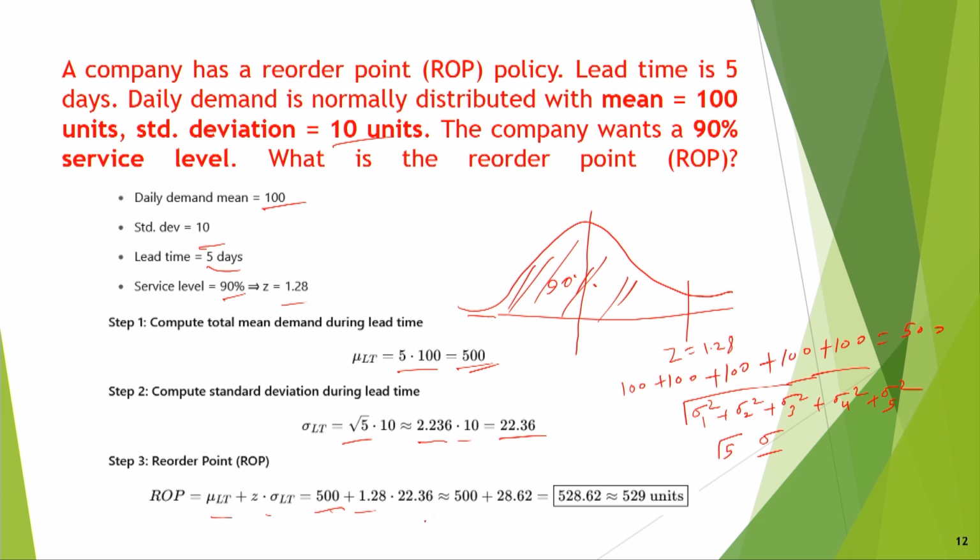So, it will be 500 plus 28.62, and this becomes 528.62, that means 529 units. Therefore, the reorder point should be 529 units; as soon as the units reach 529, you should place the order. That is called the reorder point, in terms of units.